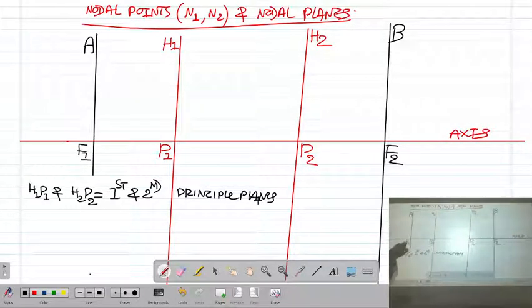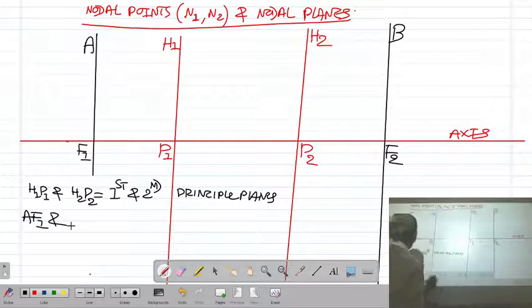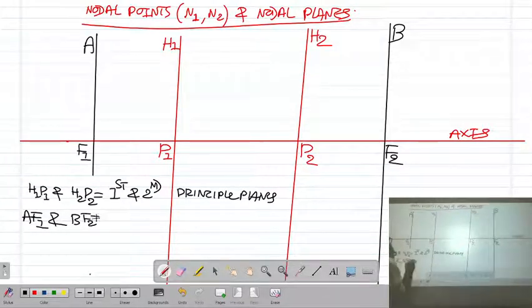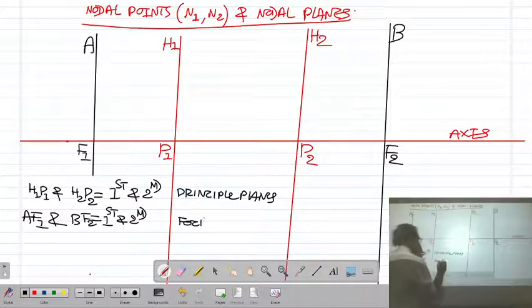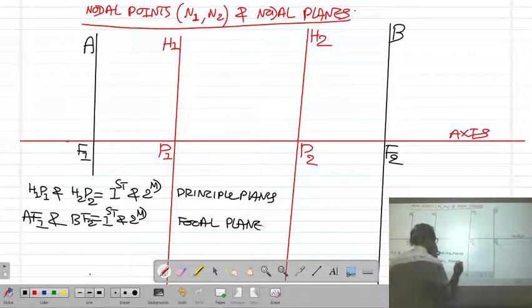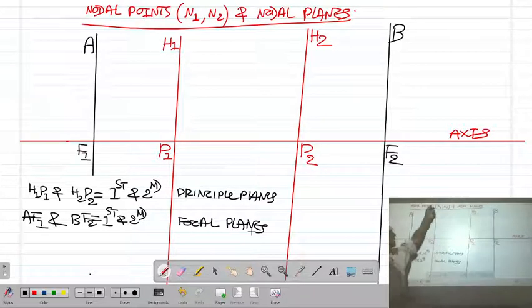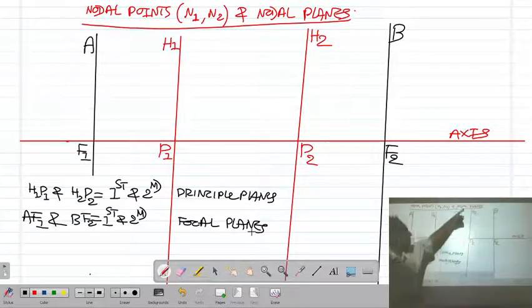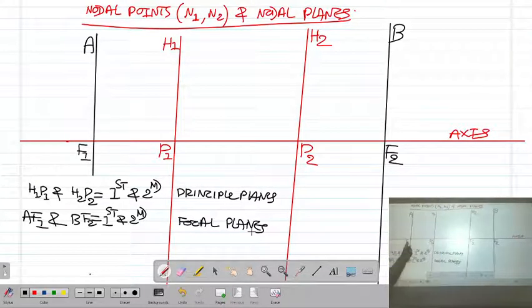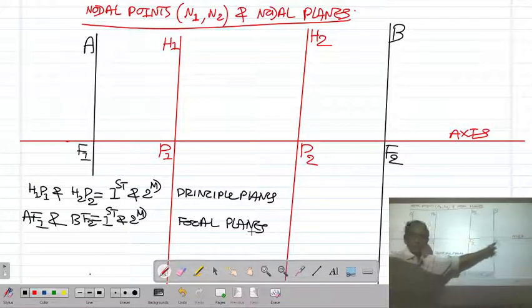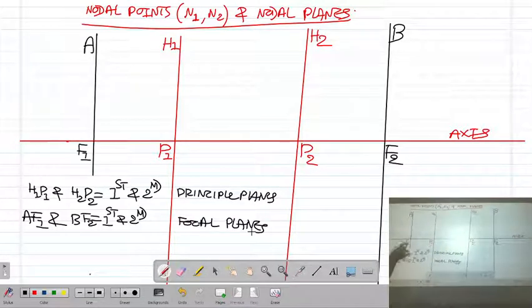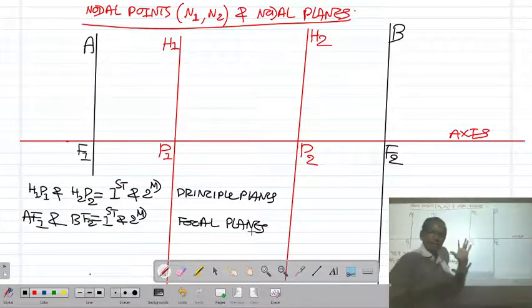F1 is the first focal point, F2 is the second focal point. AF1 and BF2 are the first and second focal planes. So P1 and P2 are respectively the first and second principal points, H1P1 is the first principal plane, H2P2 is the second principal plane, F1 is the first focal point, F2 is the second focal point, AF1 is the first focal plane and BF2 is the second focal plane.